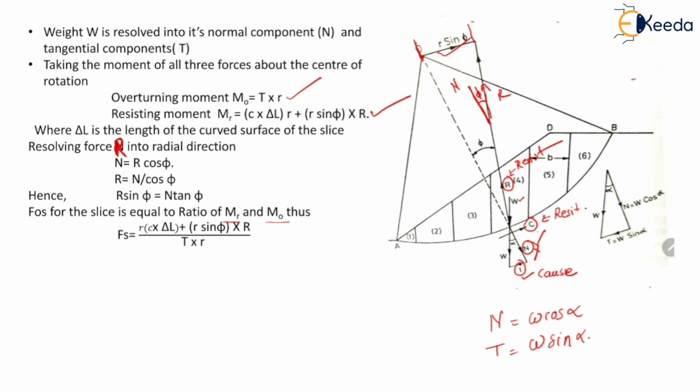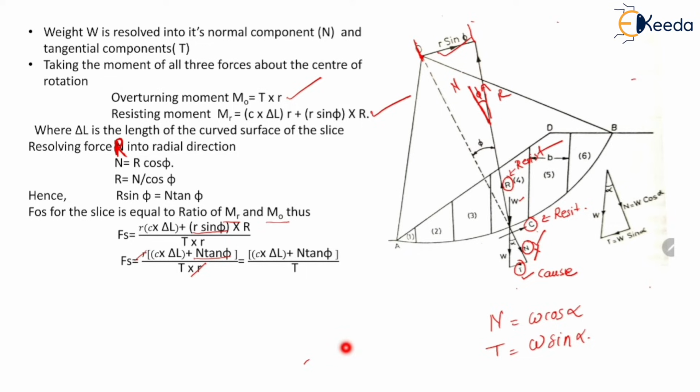That's why the factor of safety Fs is equal to R into C into delta L plus R sin phi into capital R, divided by T into R. If we take common R, we get Fs equal to R into C into delta L plus N tan phi, where we have replaced R sin phi as N tan phi, divided by T into R. So R and R got cancelled.